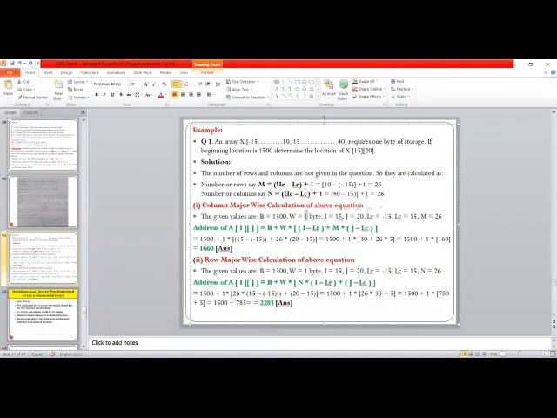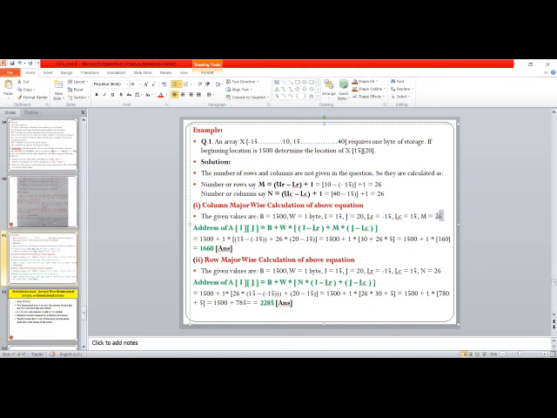I is here 15, that is the row index for the element whose address you need to find out. And J is 20, that is the column index of the element whose address you need to find out. LR, the starting of your row, is minus 15. LC, the starting of your column, is 15.